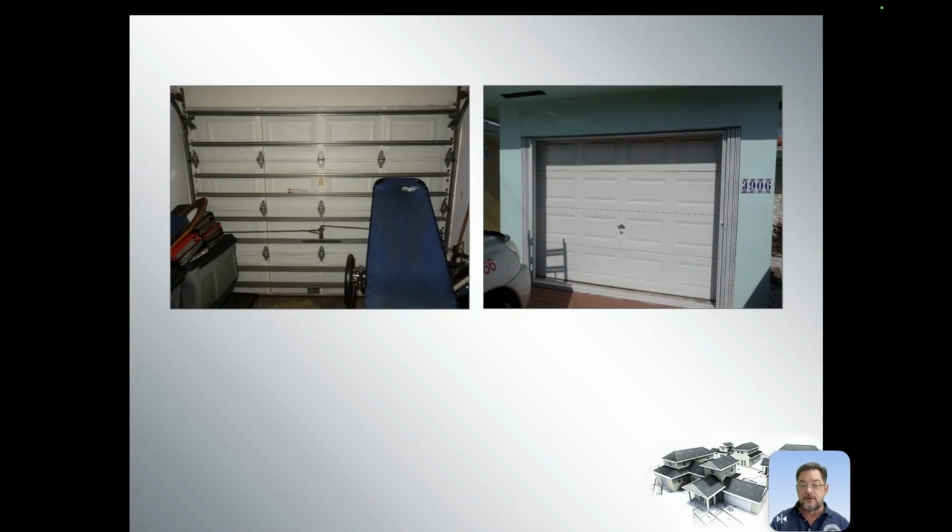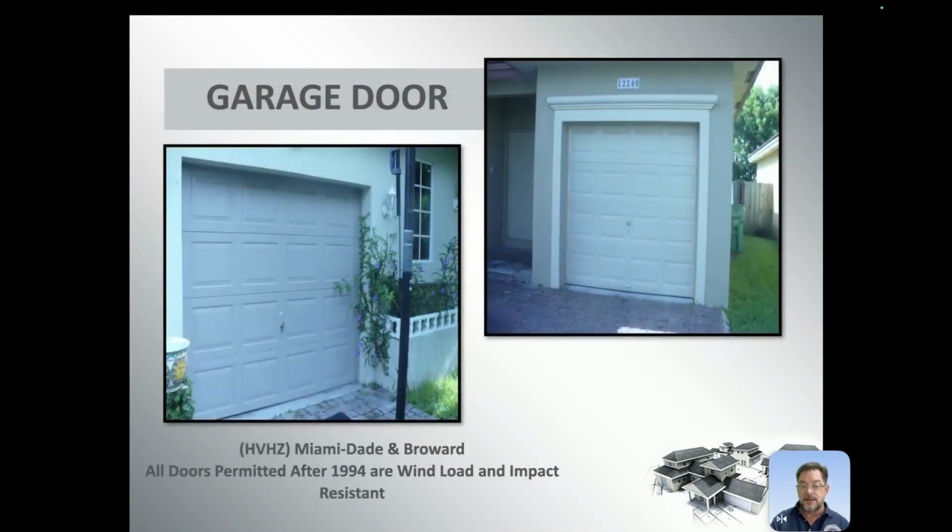You can put shutters over them if you want, or you can replace them with impact doors. There are different ways of doing that. You need to make sure that all doors are permitted after 1994. So there should be permits available on it. Hard to find at times, but a lot of them are wind loaded. In South Florida, they should be impact, so solid doors.